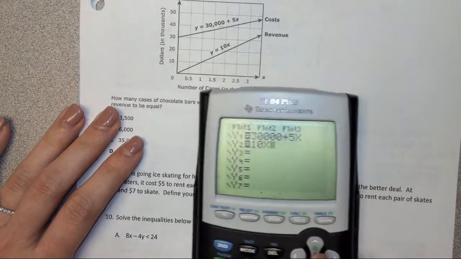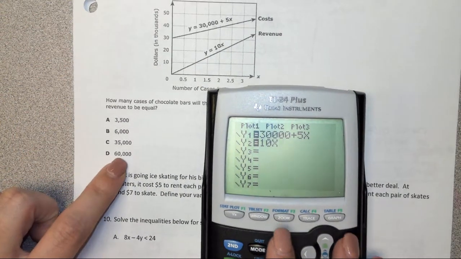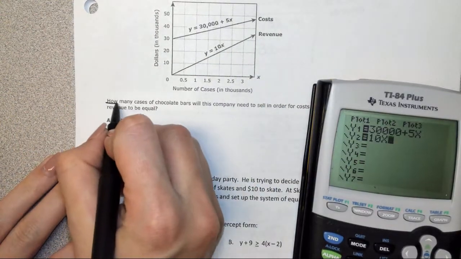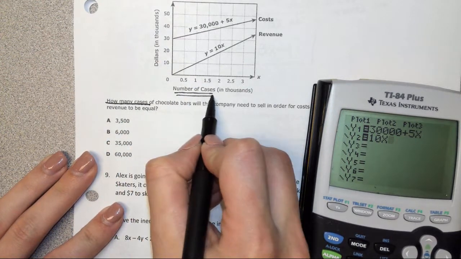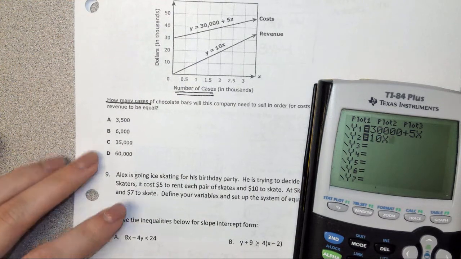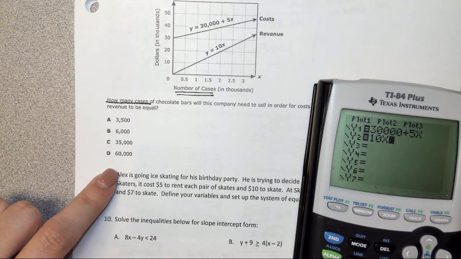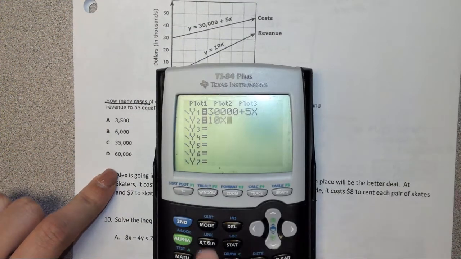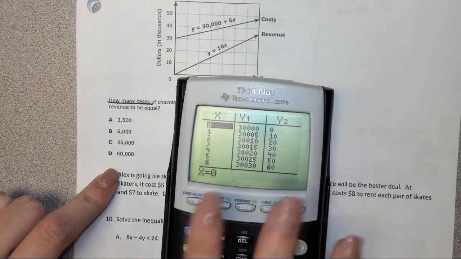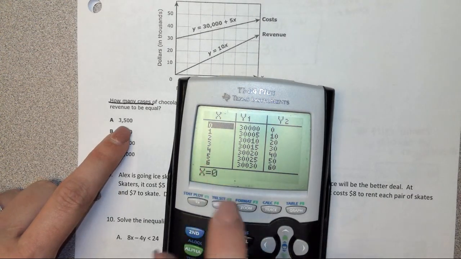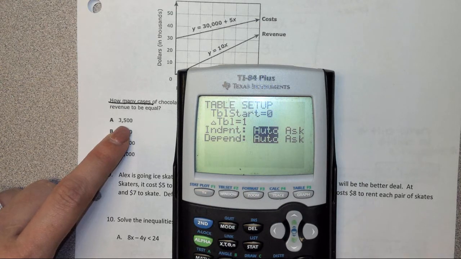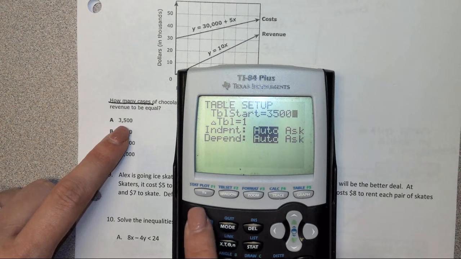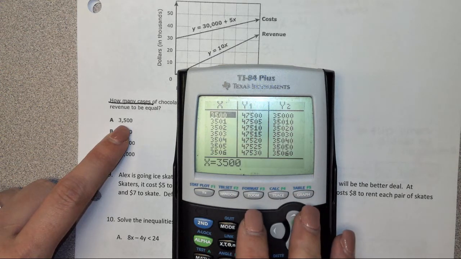Now these are the numbers that I'm considering, and it's asking me how many cases of chocolate. So it's talking about the x values. So these are my possible x values. Now, I don't know about you, but I don't want to have to scroll all the way down to 3,500. If you click second window, you can go to whatever number you want to go to. 3,500. And let's go back to our table.